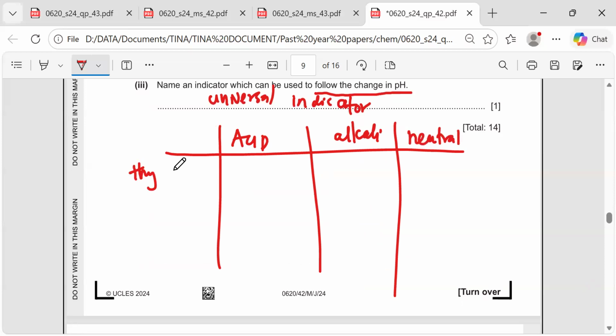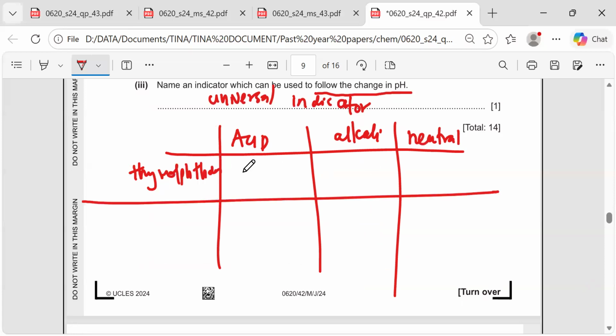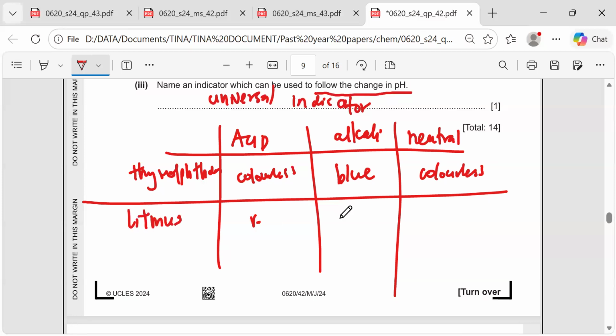Now they use thymolphthalein. Thymolphthalein in acid is colorless. Thymolphthalein in alkali is blue, easier for you all to use. Neutral is also colorless. Because alkali is blue. Litmus is red. Phenolphthalein is pink in alkali.